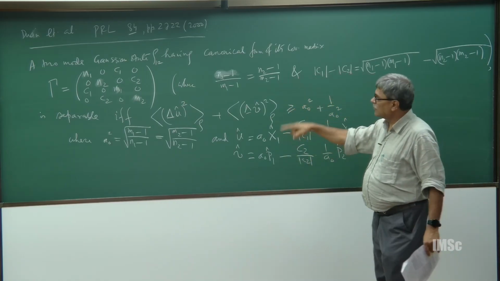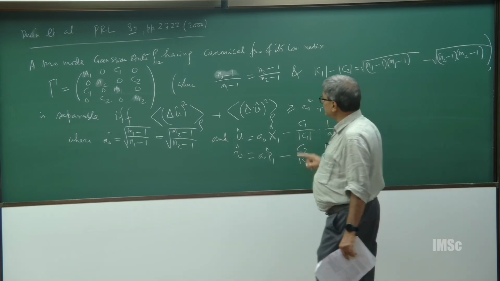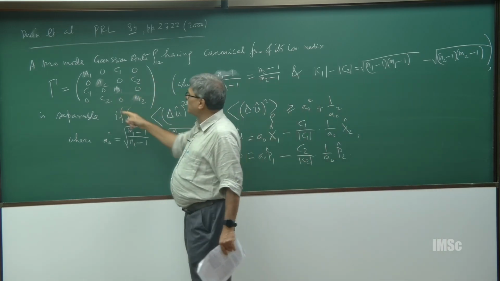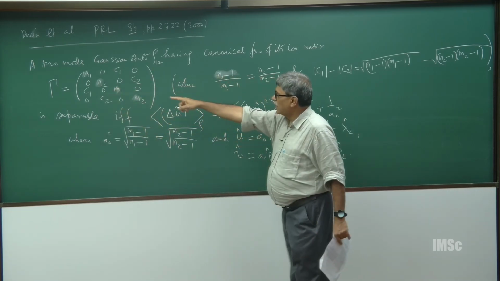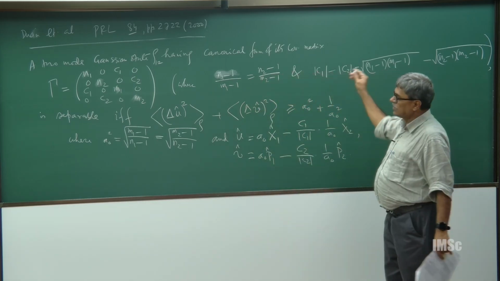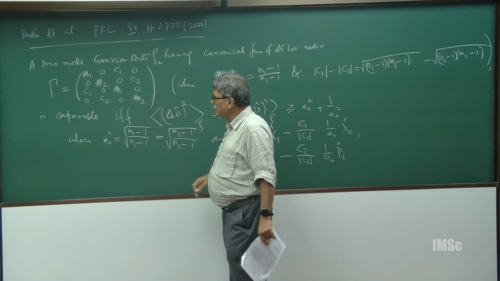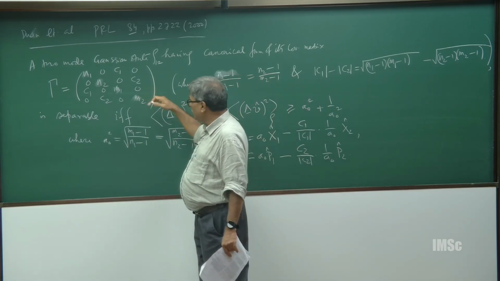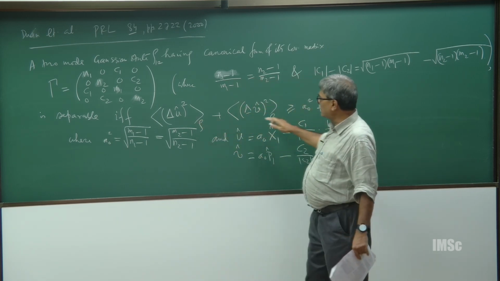Okay. So, this is a lengthy expression. It says that a 2 mode Gaussian state having this form of canonical covariance matrix, where these entries will satisfy this condition in order that this is a valid covariance matrix, is separable if and only if you have this kind of inequality.